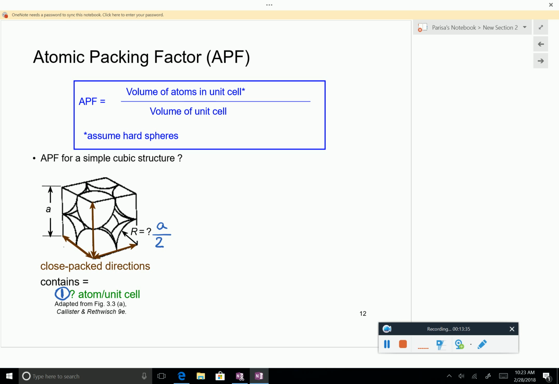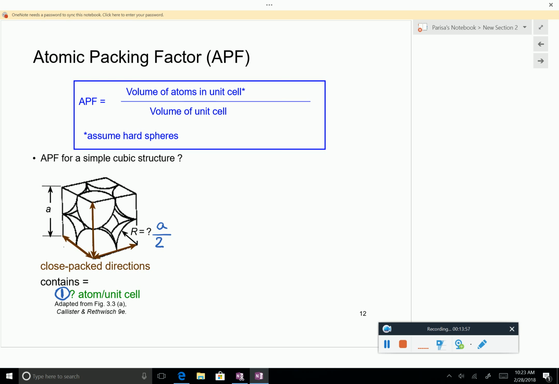And it's very easy to calculate. All we have to do is look at the unit cell and see how much of the unit cell is filled with atoms. So you want to see what is the percentage of the unit cell which is filled with atoms: volume of atoms in the unit cell over the volume of the unit cell.